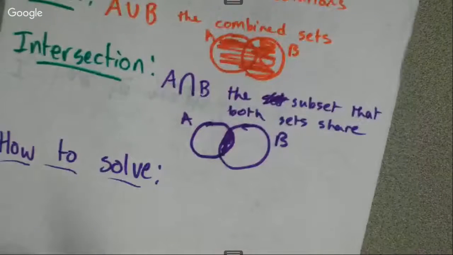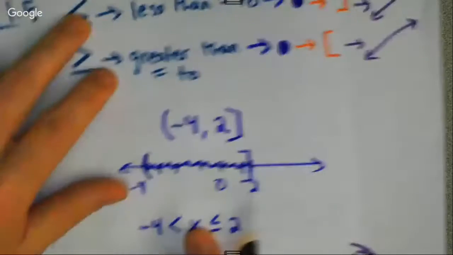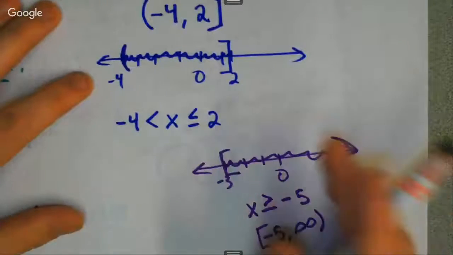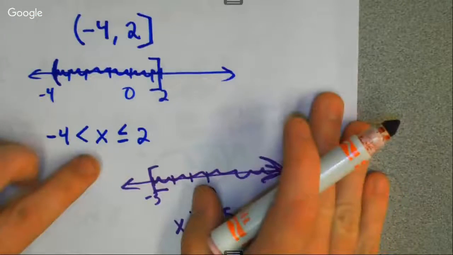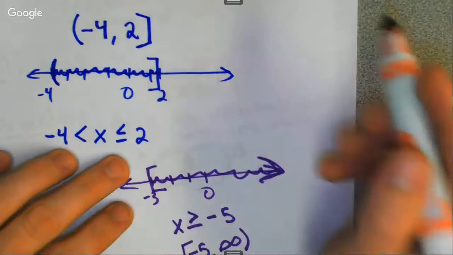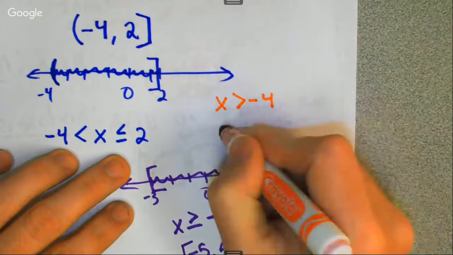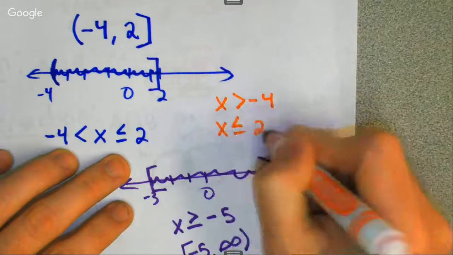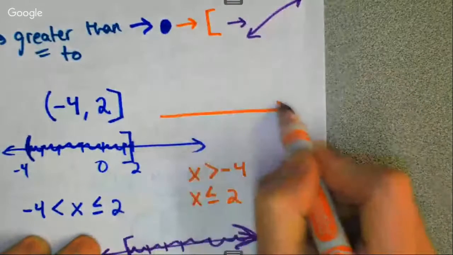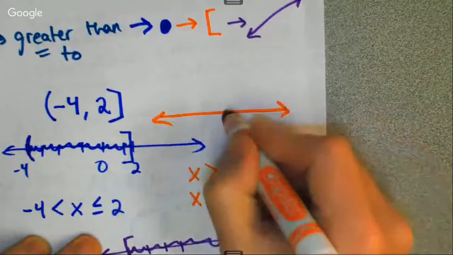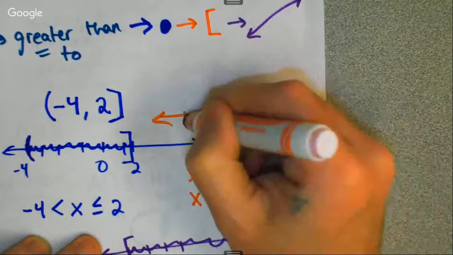Okay, and you will have some of that with inequalities. By graph, in fact, we have it with this one right here. Really, this is an intersection because I have two inequalities here. I have x greater than -4, and I have x less than or equal to 2. Well, if I were to graph both of those, okay, so here's 0, here's -4.